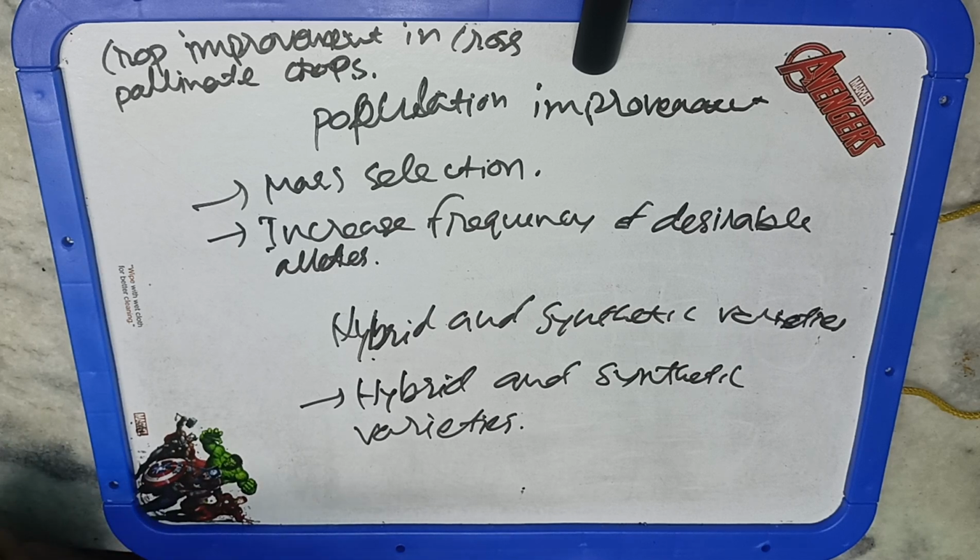Then another thing is hybrid and synthetic varieties. In hybrid or synthetic, we use the F1 generation, or in the synthetic we generally use more than two or three generations. In the case of hybrid and synthetic, a variable number of strains selected on the basis of their combining ability are crossed to produce a hybrid population. Here the word is combining ability.